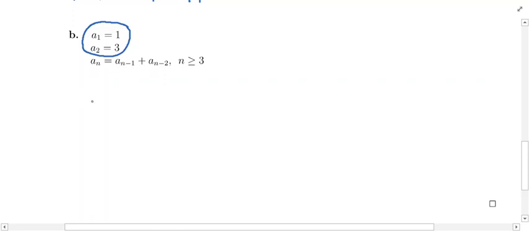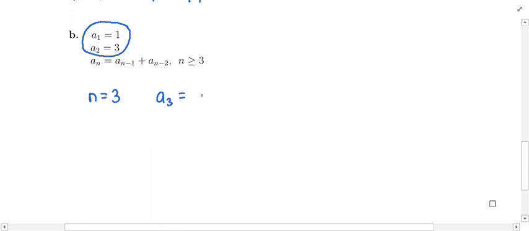We know a1, we know a2. To get a3, we need to plug in n equals 3. Go to your recursive definition, which holds as long as your n value is 3 or bigger. Pop in n equals 3 everywhere you see n. So an, that's going to be a3, the third term in the sequence.